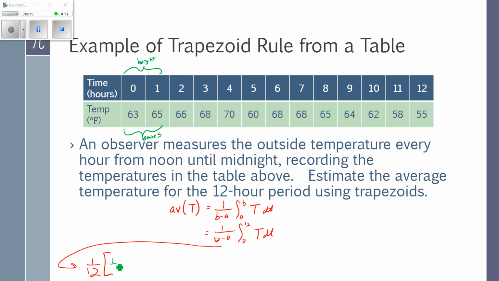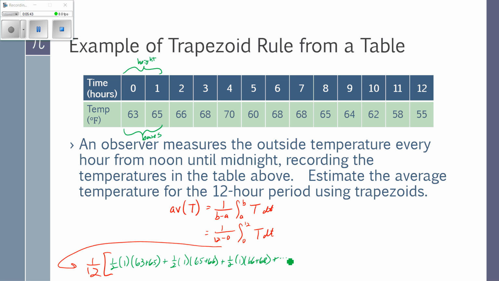So I have 1/2. The first trapezoid has a height of 1. My bases are 63 and 65. For my second trapezoid, I have 1/2. Going from 1 to 2, I have a height of 1. The bases are 65 and 66. I then, for my third trapezoid, have from 2 to 3 a height of 1. My bases are 66 and 68.